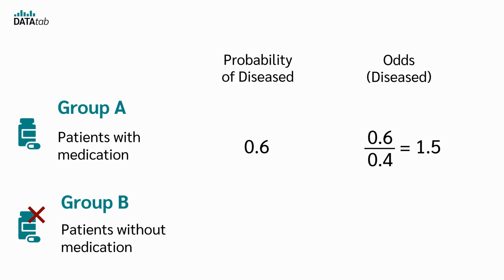Let's say in group B, where the patients didn't get the medication, the probability of getting diseased is 80% or 0.8. So the odds in group B of getting diseased are 0.8 divided by 0.2, so 4. Therefore, in group B, the likelihood of being diseased is 4 times higher than the likelihood of not being diseased.